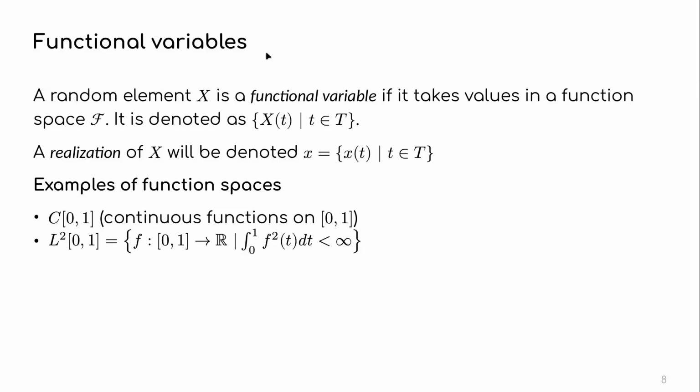Okay, let's be formal. A random element X, a random variable, is a functional variable if it takes values in a function space. We're going to denote that as the set of X_t for t over the domain. Depending on the application or the domain, you might see X_t, very common in time series analysis and stochastic processes.